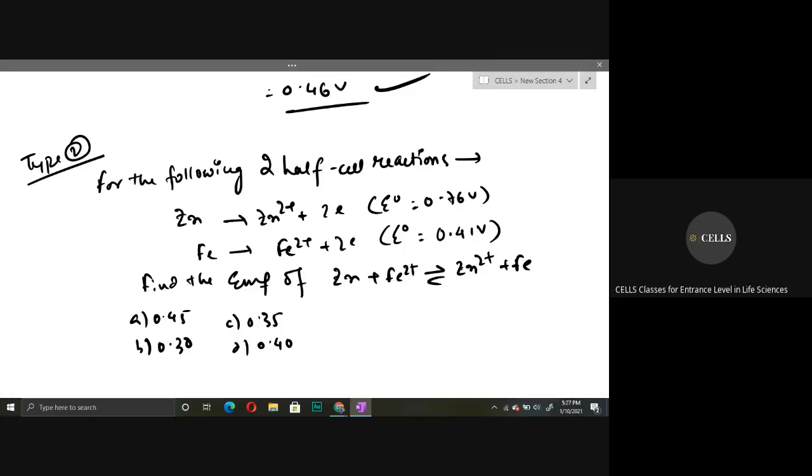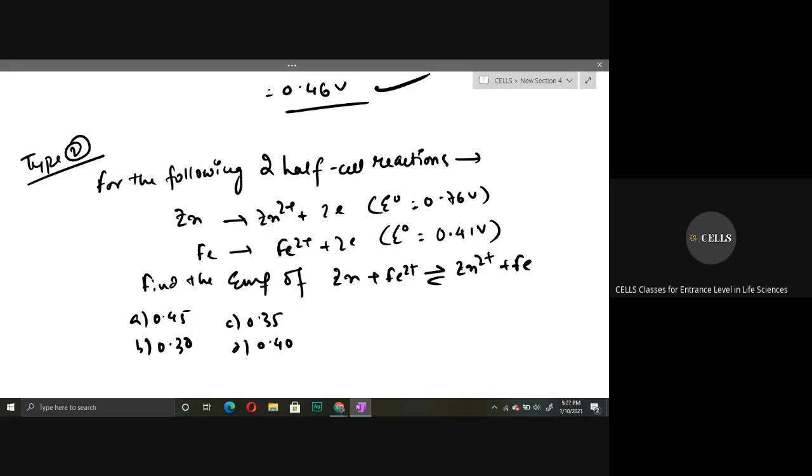Solve it and tell me the answer. See whether there is oxidation or reduction. If oxidation, convert it to reduction by changing the sign. Subtract the smaller one from the larger one, you will get the EMF. Done. See the two reactions, whether this is oxidation or reduction. If it's oxidation, change the sign, subtract, and you will get the value of the EMF.